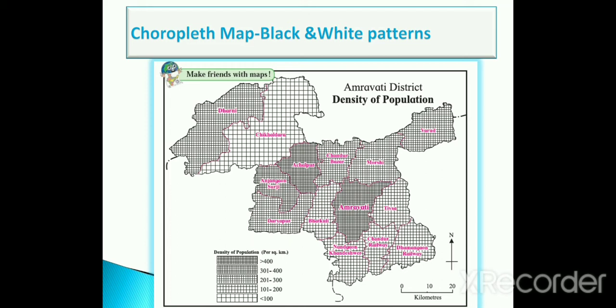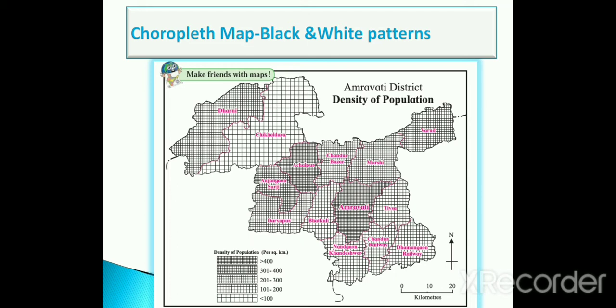And Amravati and Achalpur have higher density of population. That's why dense dark black and white patterns are used. It means regions with higher values of geographical variables are shown by darker, dense black and white patterns. See, this is the choropleth method.